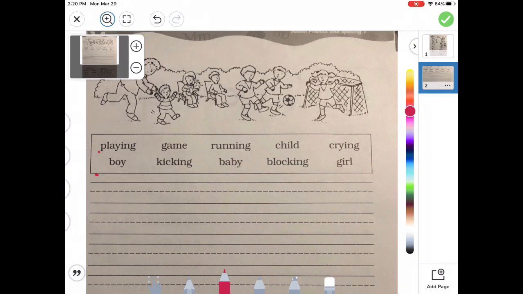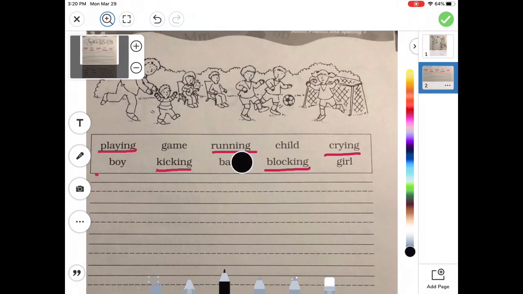The first one I have is playing. Very good. What about this one? Kicking. Very good. This one, running. Blocking. Very good. And crying. So those are the verbs that I can use in these sentences, okay?